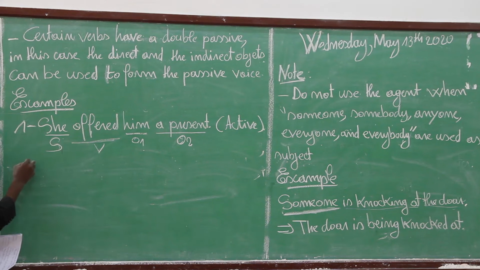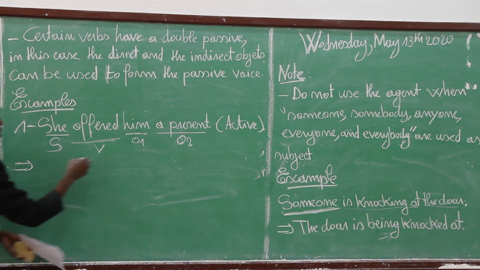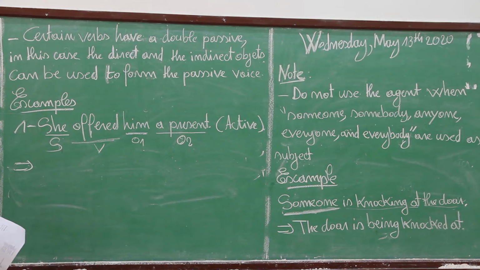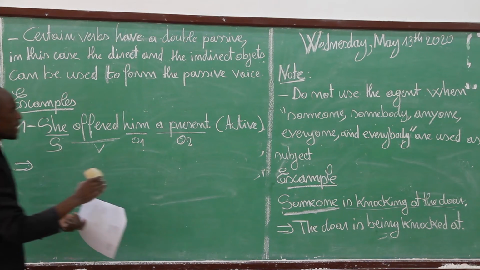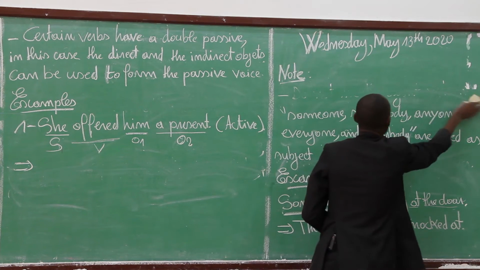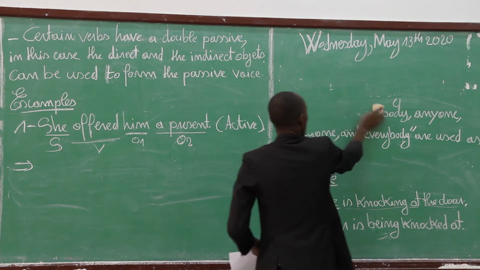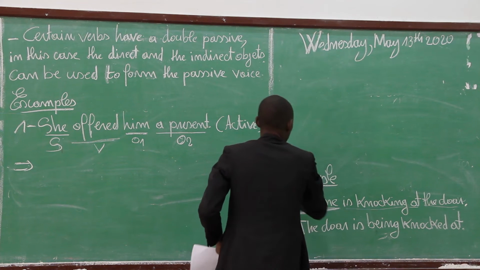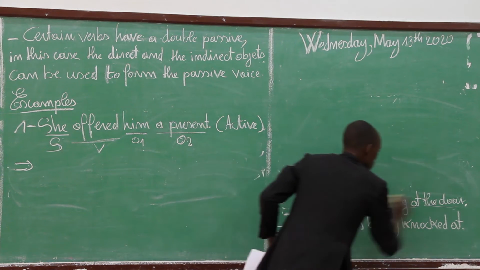Here we have the first object, him. And in a passive voice, him, let me clean here to write something for a good understanding.